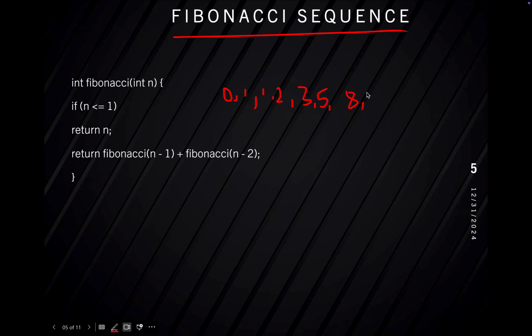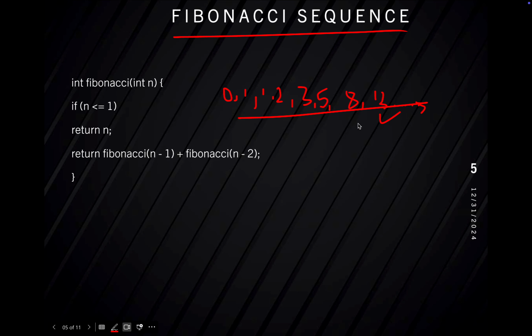You have to just see the pattern, then 13, and so on. You just add the first two numbers to get the third number. When you add 0 plus 1, the answer is 1. When 1 plus 1 is added, you get 2. When 2 and 1 are added, the answer is 3. When 2 and 3 are added, the answer is 5. When 5 and 8 are added, you get 13. That's how the Fibonacci series is designed.